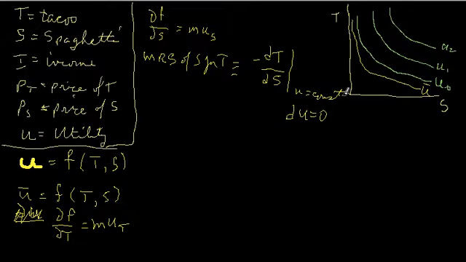Now it turns out that you can express the marginal rate of substitution of S for T in terms of marginal utilities. And the way you do that is you simply find the total differential for the utility function.